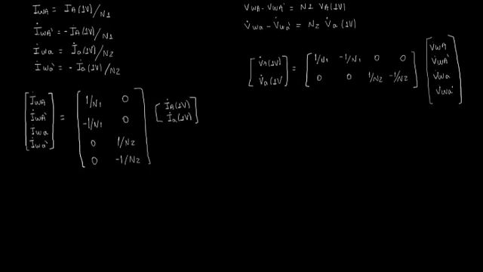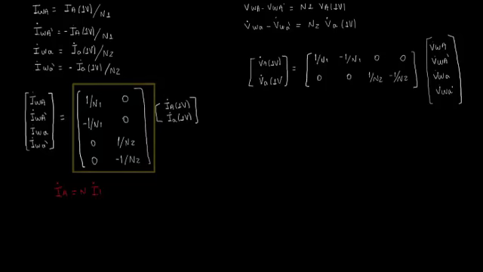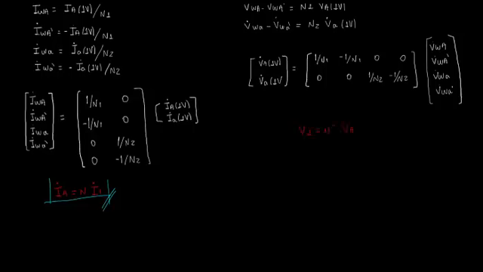The actual injected currents vector into the windings will be named as IA, and by naming the matrix with the number of winding turns as N, we can write that IA is equal to N times I1. Similarly, for the windings nodal voltages, we can write that V1 is equal to N transposed times VA.